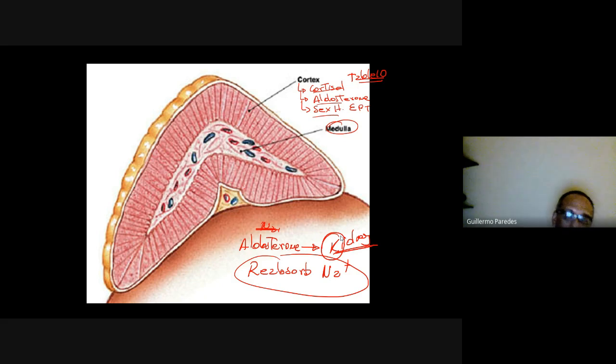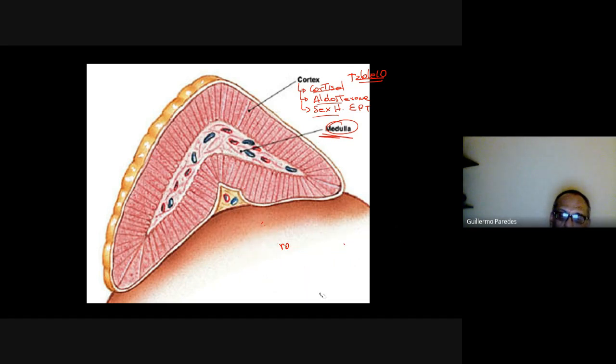All right? So that is the cortex of the adrenal gland. Now, the medulla, please, this is important too. And then we are going to do, I guess, the pancreas, and we finish. The medulla, we finish the course, by the way.